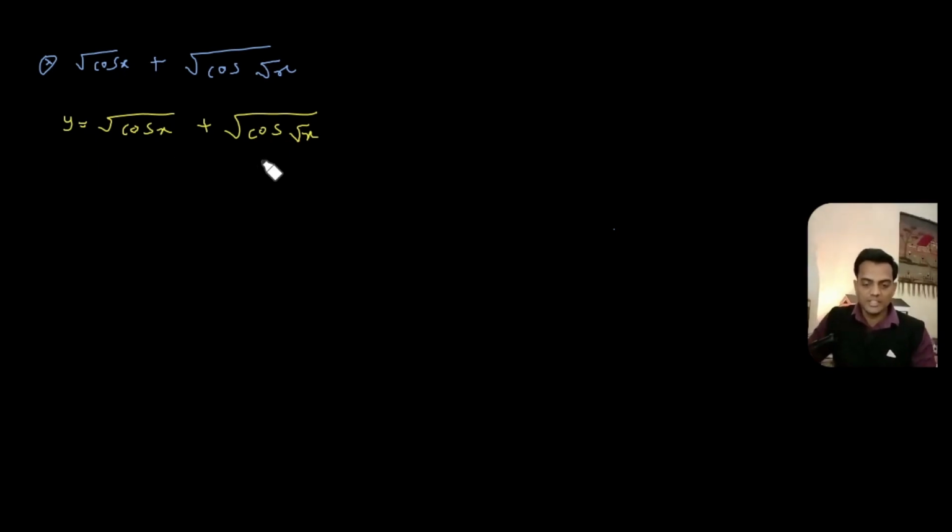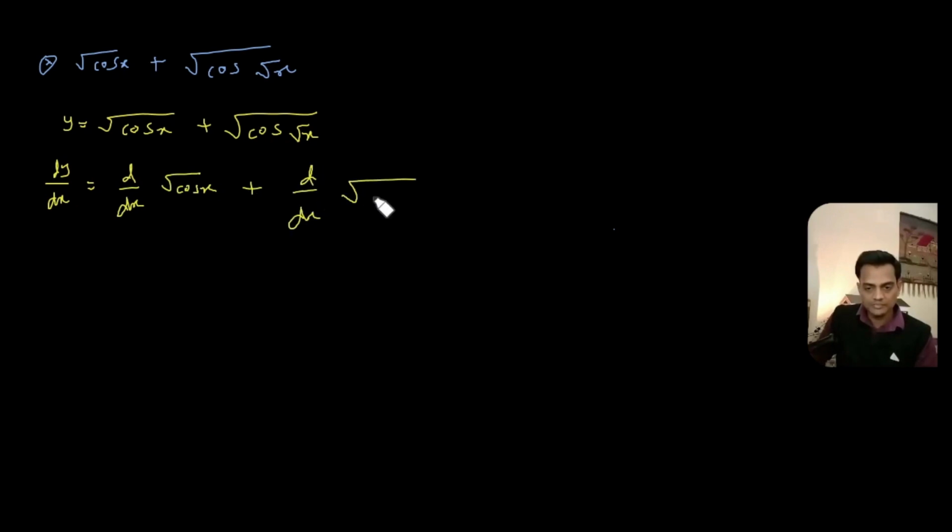So we will take the derivative on both sides. It will be evaluated to dy by dx is equal to, first of all, the derivative of the square root of cos x, and then we will add the derivative of this particular term. Now the derivative of the square root of something we know, 1 upon 2 square root of that particular term.